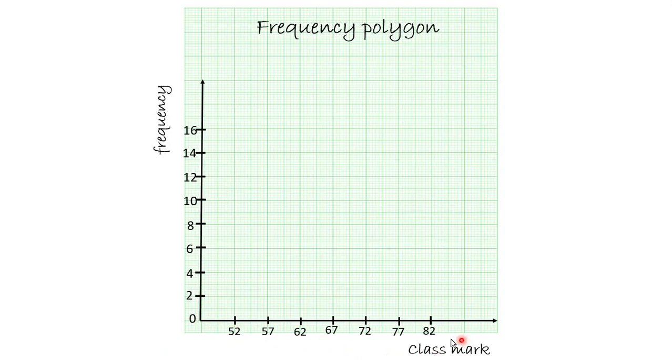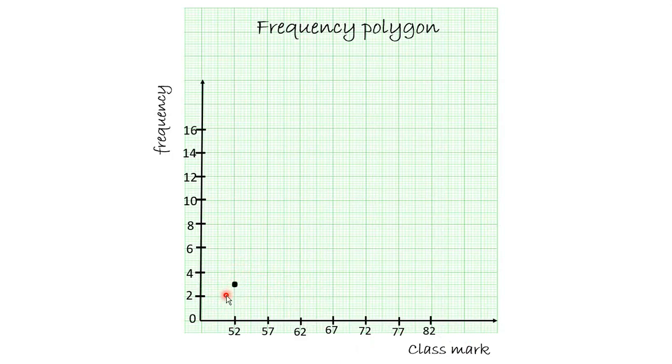After marking off and labeling, we are now going to do the plotting. First of all, we are plotting the frequency of 3 against 52. This is going to be here.